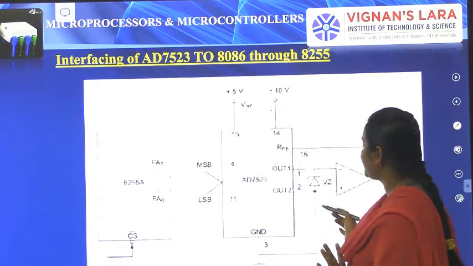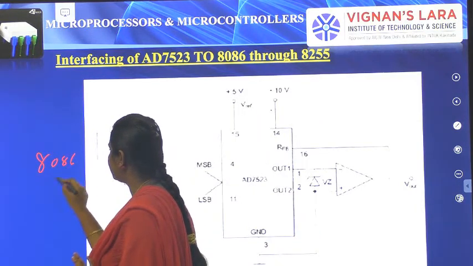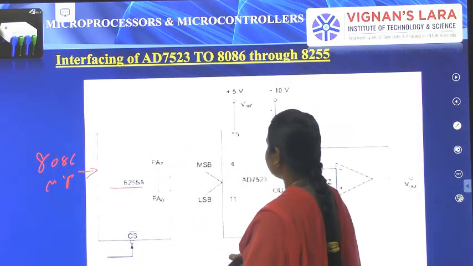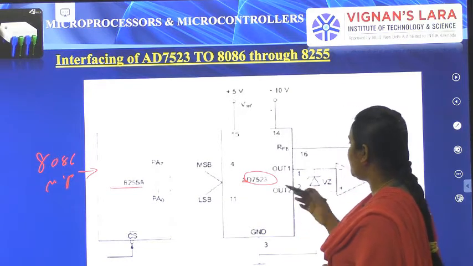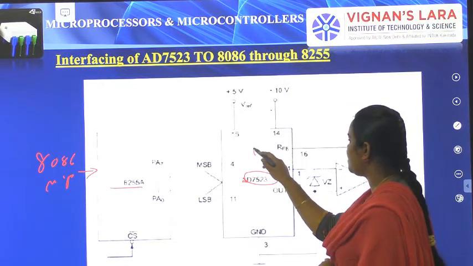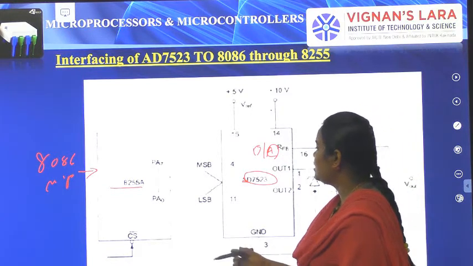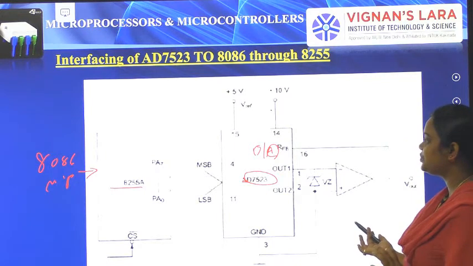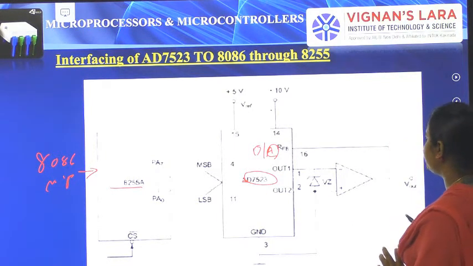Here the 8086 microprocessor is interfaced with the 8255A, that means the PPI, to the AD7523, for the operation of this digital to analog converter. It gives an analog output by using the 8255A. This is the interfacing circuit for the 8255 to the 8086 microprocessor.